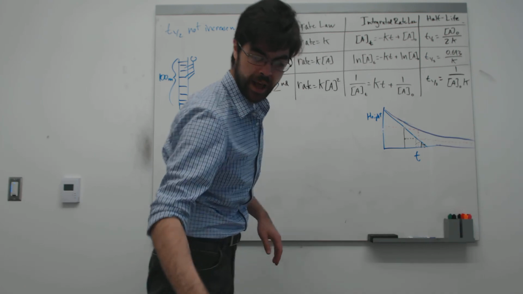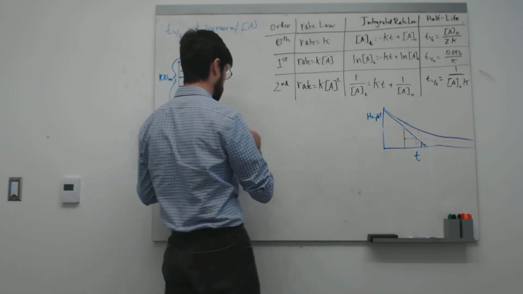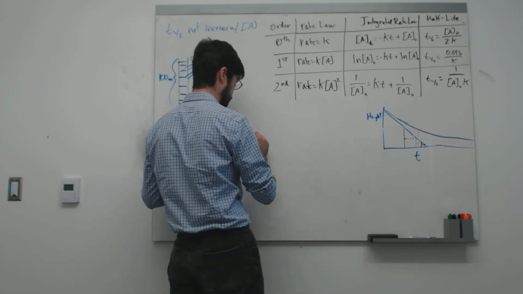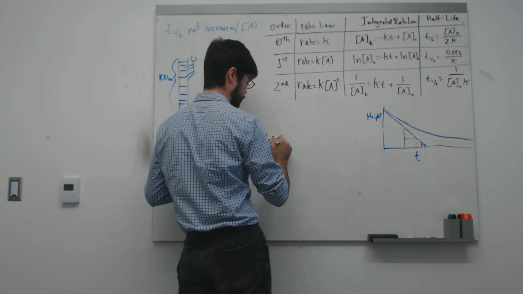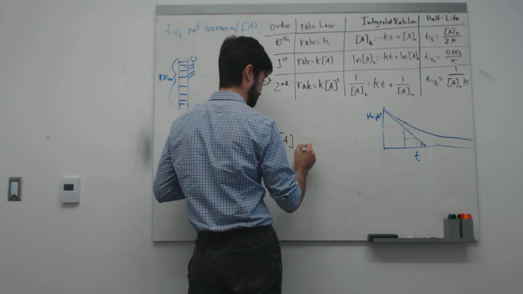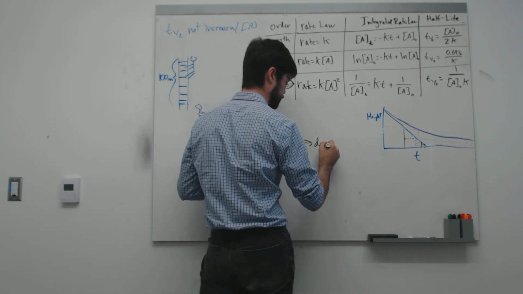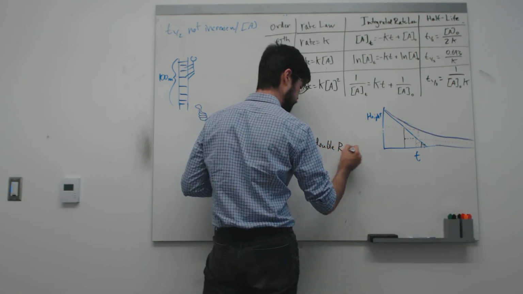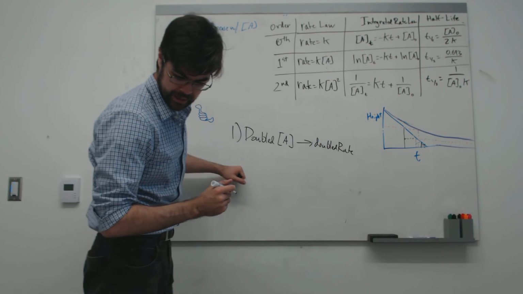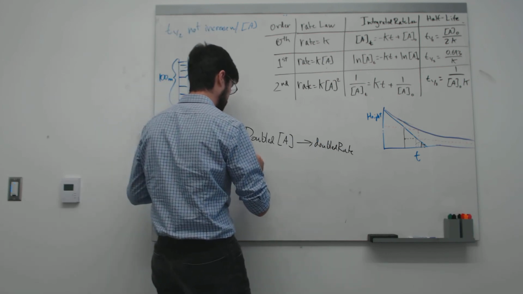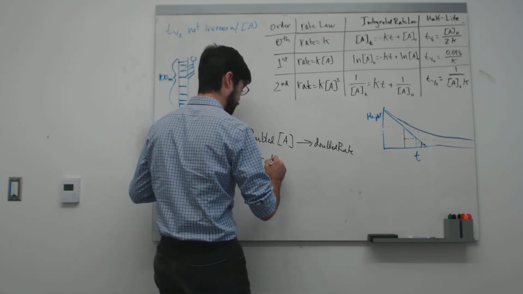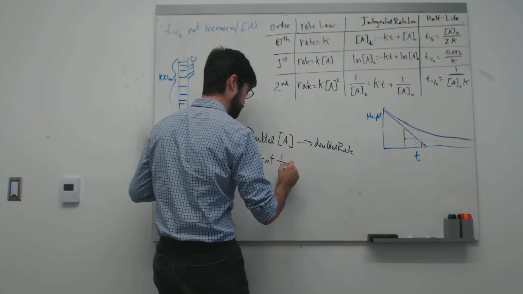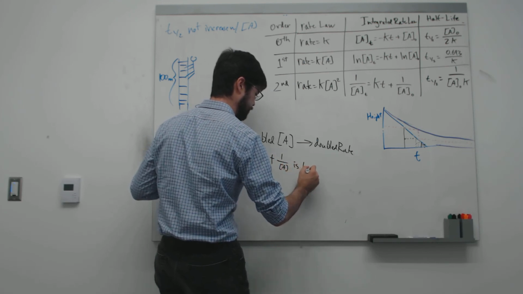So the three statements were: one, if you doubled the concentration of A, that doubled the rate. The second statement was, a plot of 1 over the concentration of A is linear.